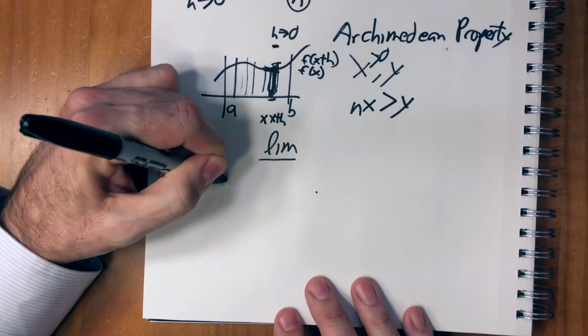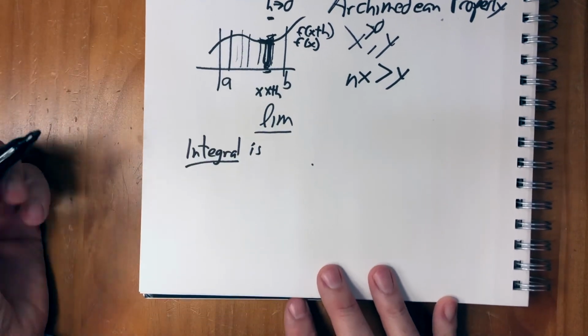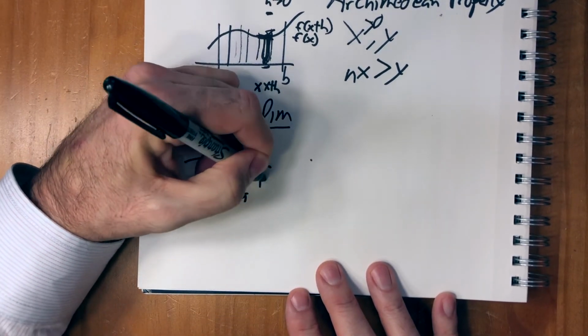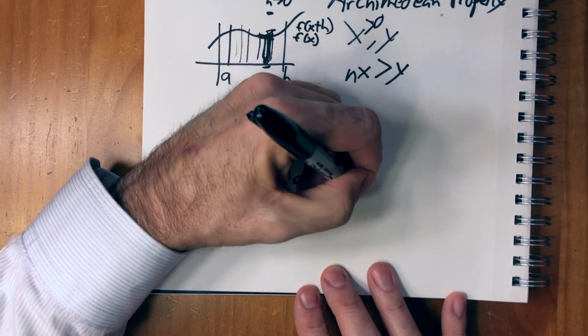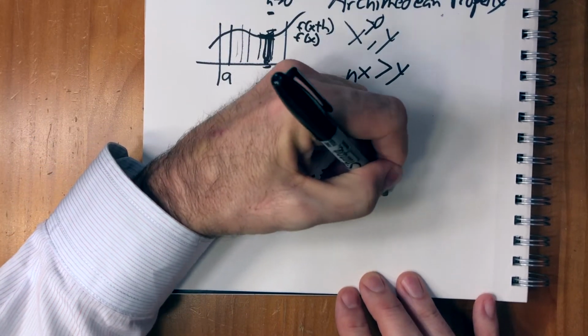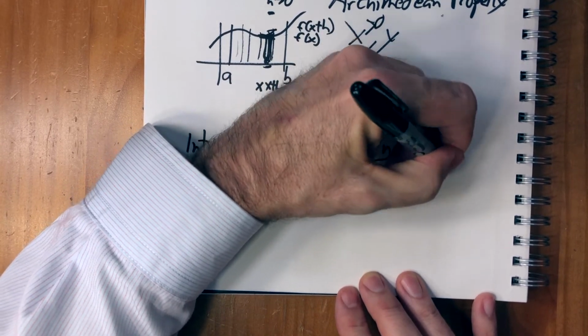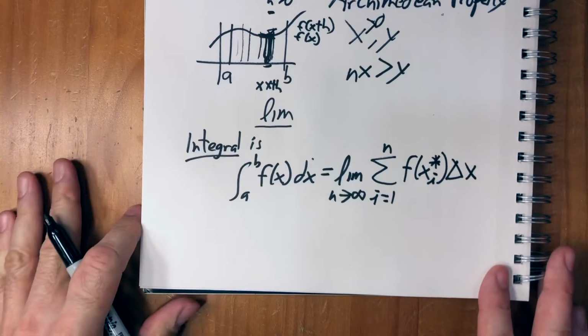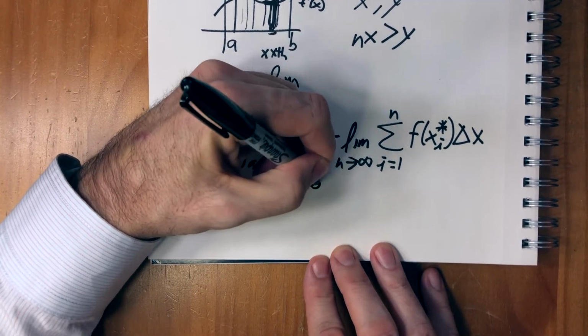But first, the definition of integral is much more complicated. The integral from a to b of f of x dx equals the limit as n approaches infinity of the sum from i equals 1 to n of f of x star i delta x, where delta x equals b minus a divided by n.